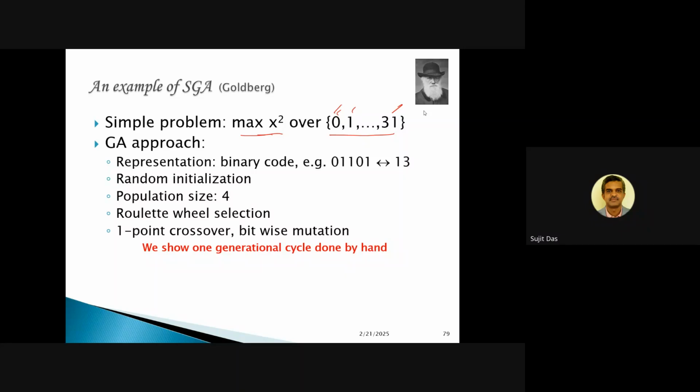This is your search space, and in this search space these many solutions are there. From this, we want to find our desired one. Obviously, our desired one is 31. I will show how the genetic algorithm moves us close to 31.